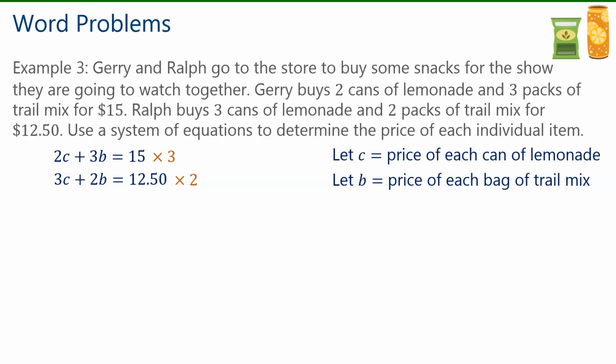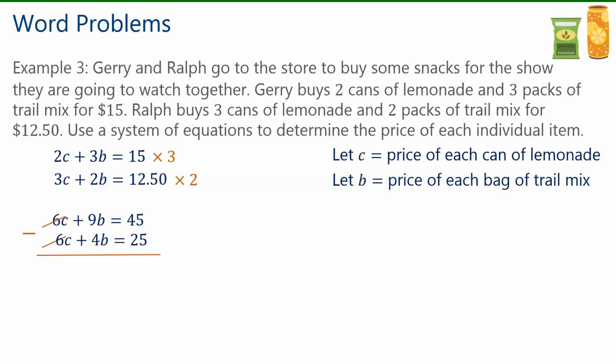So now, what do we get if we multiply the first equation by 3? We would have 6C plus 9B equals 45. And for the second equation, we would have 6C plus 4B equals 25. So now we just need to subtract these 2 equations because 6C take away 6C is 0.